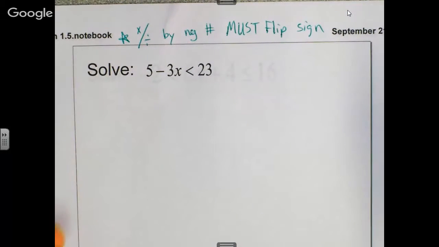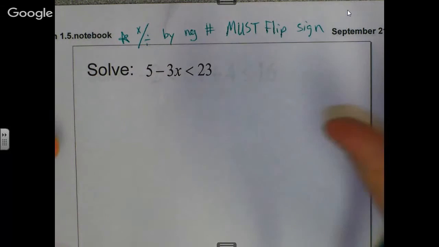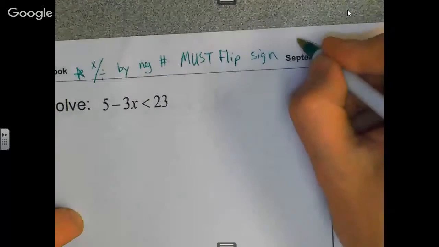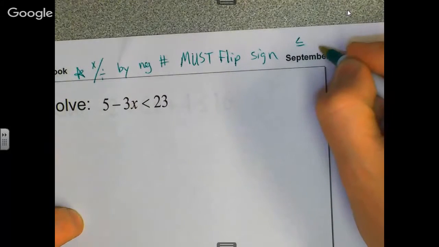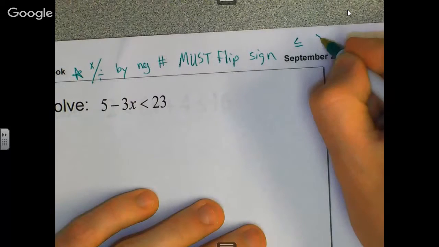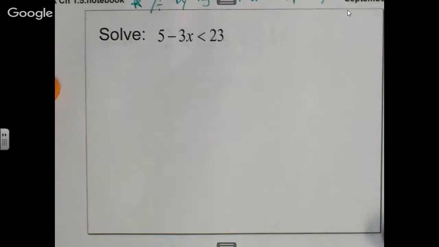So when you multiply or divide by a negative number, you have to flip the direction of the sign. So if it is a less than or equal to, once I divide or multiply by a negative, now it's a greater than or equal to. Okay, and we'll see some of those.